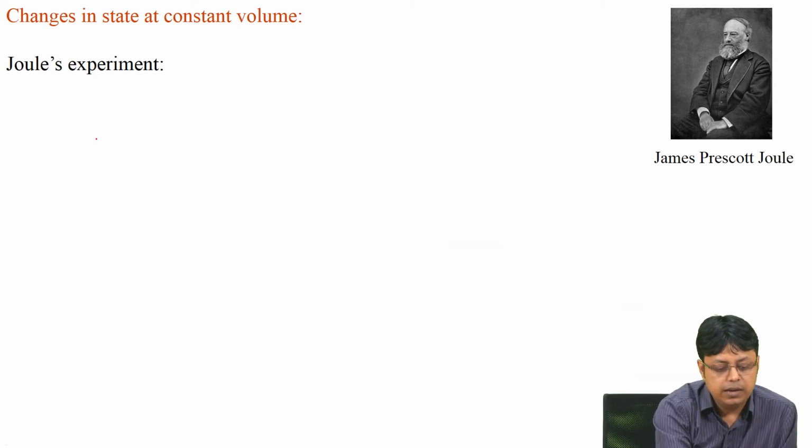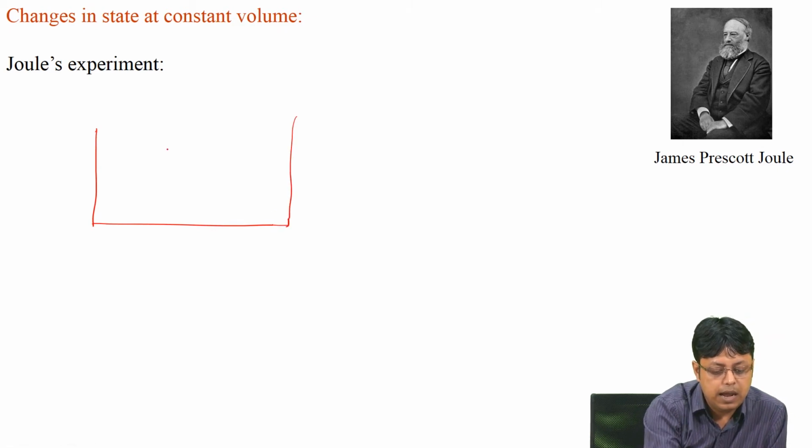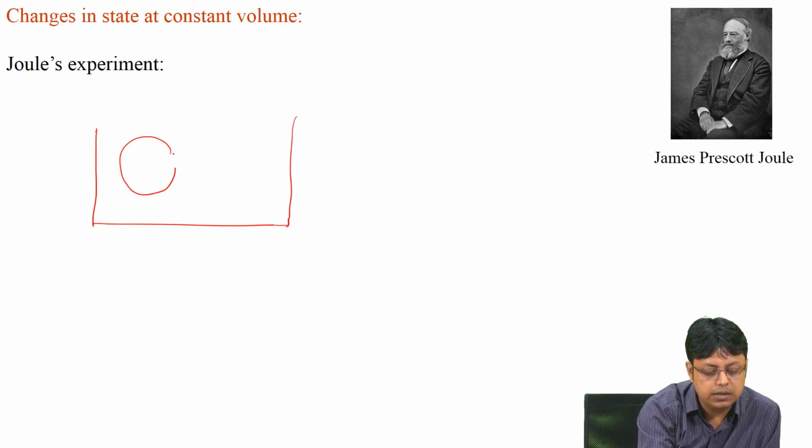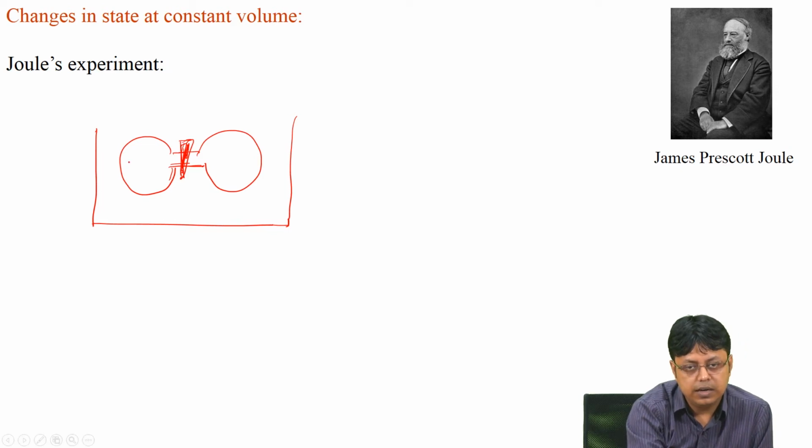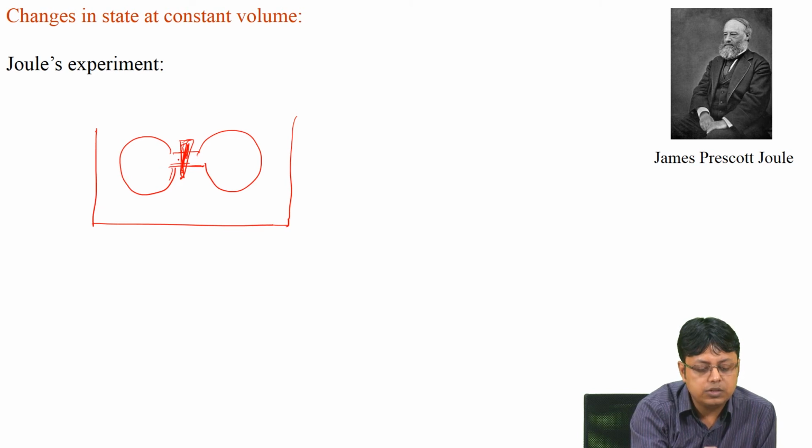What Joule did, he took a bucket of water, and then inside the bucket he kept two containers, round bottom flask-like, with a stopcock in between. Initially, I am labeling them as A and B.